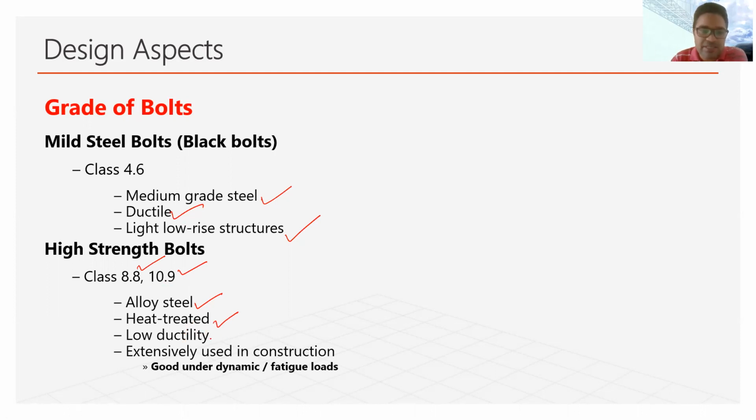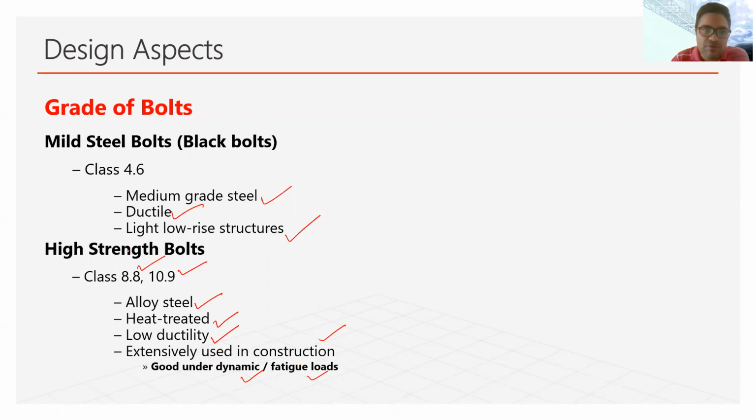And their ductility is low, as I mentioned earlier also, that as the carbon content in the steel increases, the hardness increases, the strength will increase, but at the same time the ductility will decrease. So the ductility of these bolts is low as compared to the 4.6 class bolt. These are extensively used in construction where there is dynamic loading, there is fatigue load. So there, high strength bolts are used.